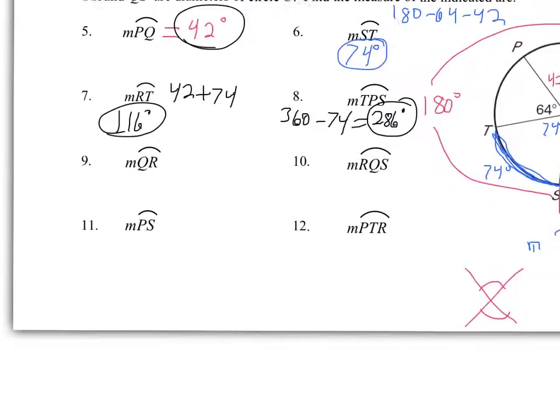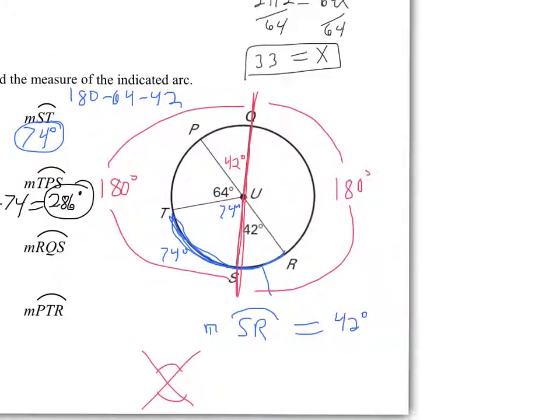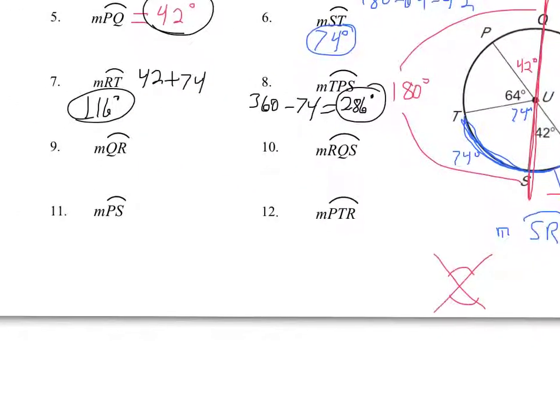All right, number 9, measure of arc QR. QR is right here. I know that from Q to S is 180, and this is 42, so we can just subtract 180 minus 42. And 180 minus 42 is 138 degrees.